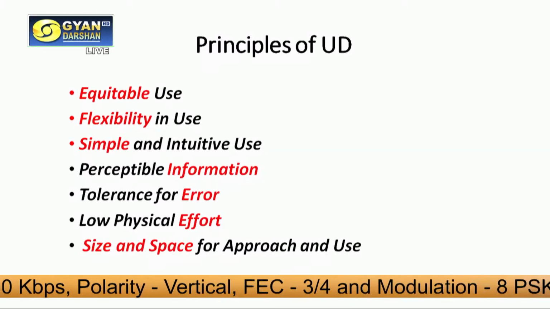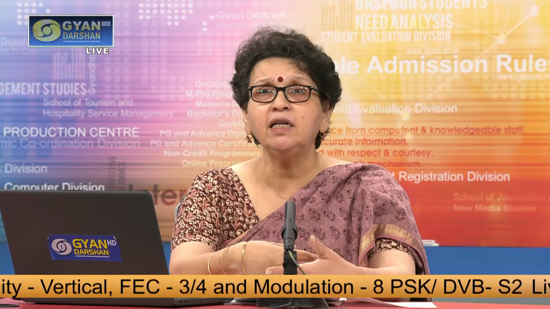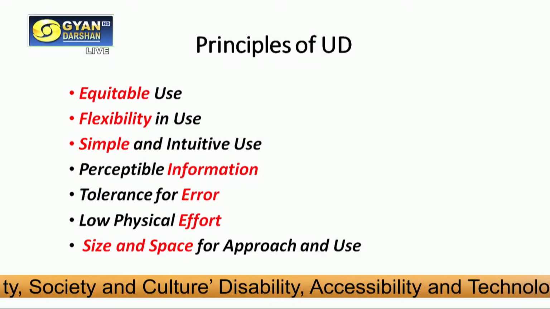Then, tolerance for error. By this we mean that in case a person makes some kind of mistake or is not able to use the product effectively, there will be no harm. If a person is using a product wrongly, that doesn't mean there's going to be some safety or health issue. This is what we mean by tolerance for error. Then, low physical effort.